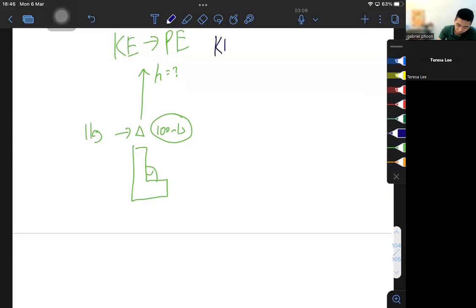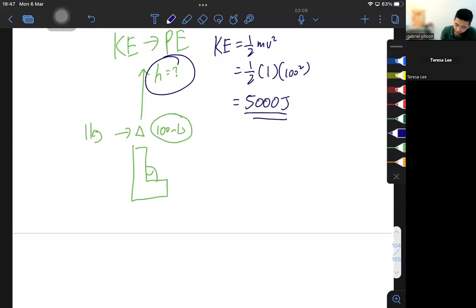Yeah. So you find the kinetic energy first, which is half mv squared. From here, it will be half multiplied by 1 multiplied by 100 squared, which is going to be 5,000 joules. With these 5,000 joules, how do I find the height? Divide by the kg.